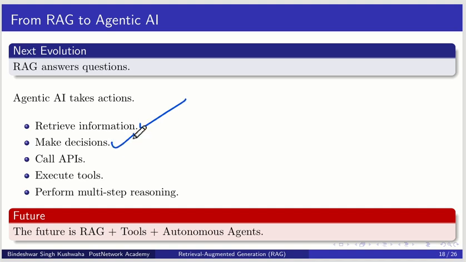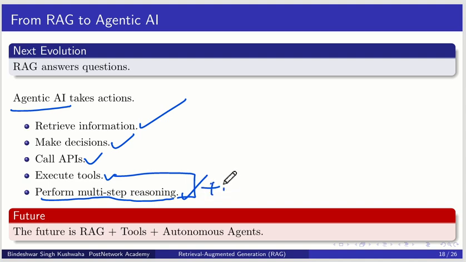Make decisions, it can call APIs, it can execute tools, that is extra, like it can open a browser. I am talking about agentic AI. And multi-step reasoning is very important. So two things would be added to RAG, and that will become agentic AI. So RAG plus tools, autonomous agents, that would be the future.